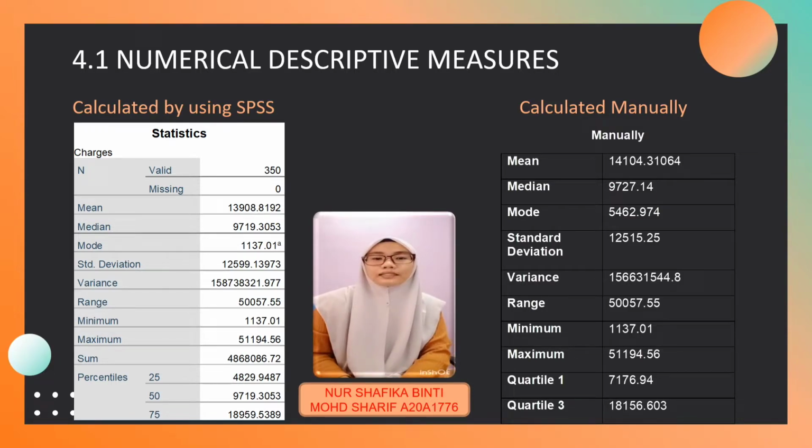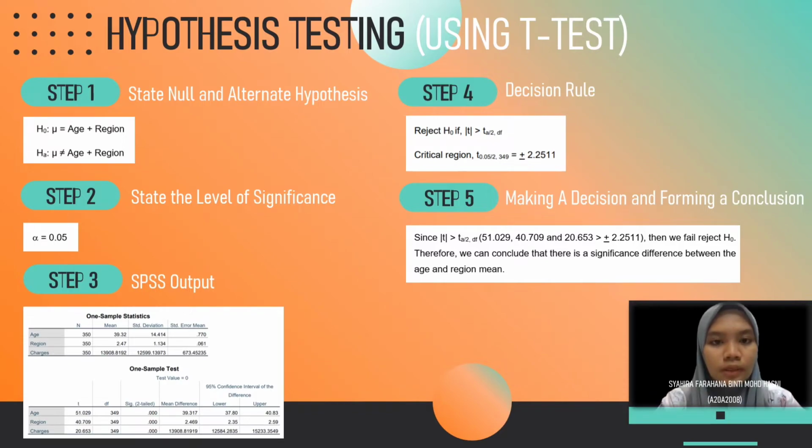The percentiles using SPSS are: first quartile 4829.9487 and third quartile 18979.5389. Using manual calculation, first quartile 7176.94 and third quartile 18156.603.